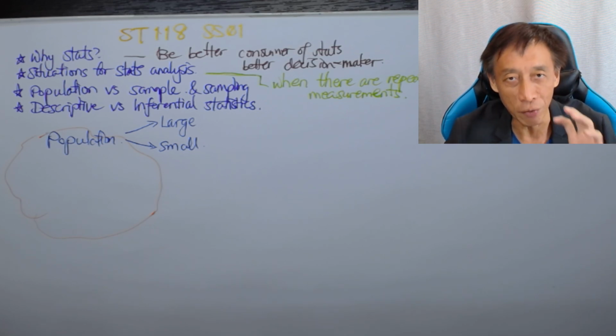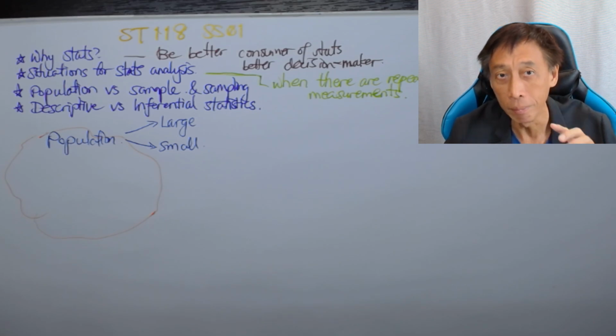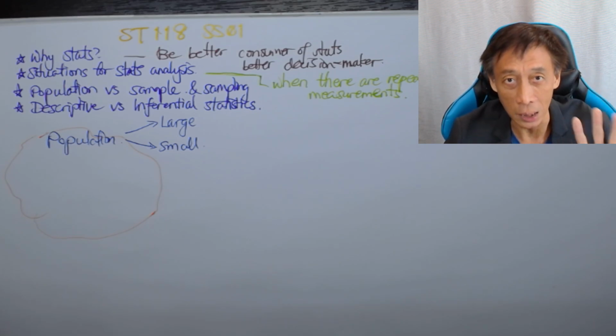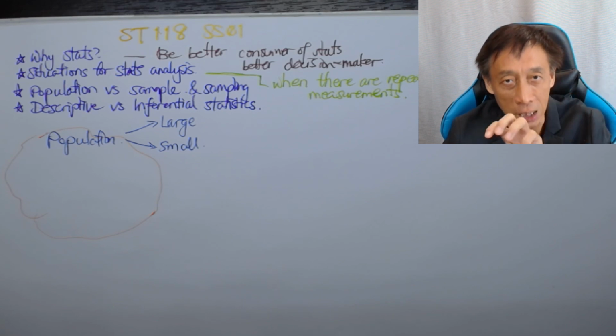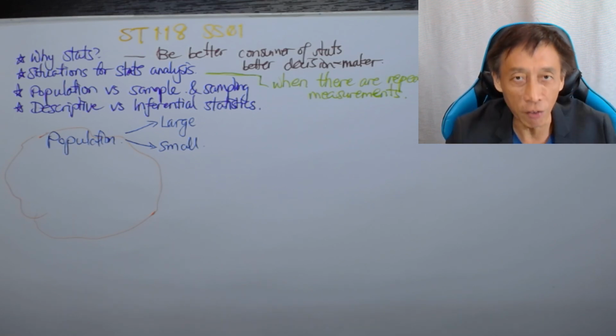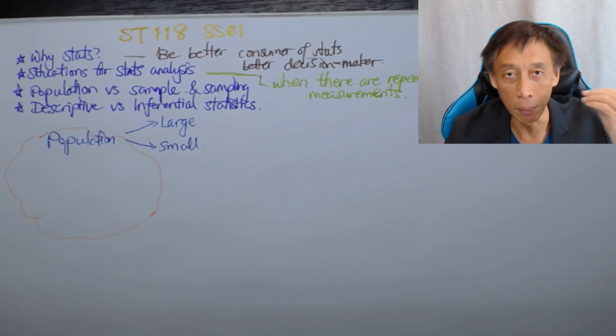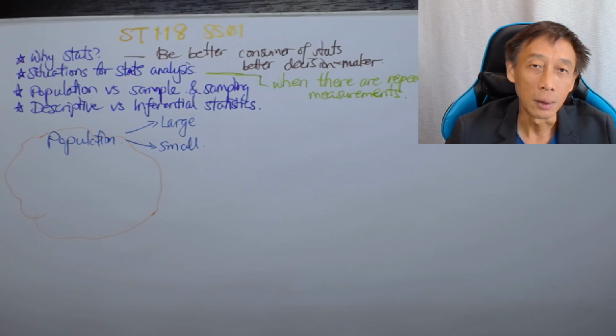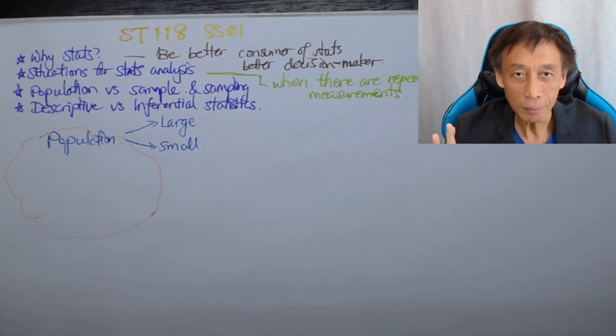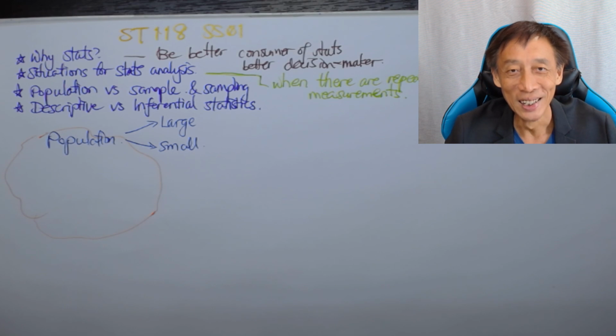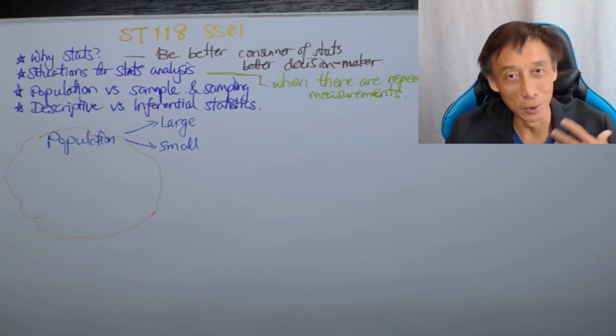So the population of income. I didn't use it incorrectly. Population of income means the bank of all the income figures of 2024, right? Each number belonging to one Singaporean. Question is, where's the boundary? Who are considered Singaporeans? Well, you say, okay, those with NRIC.